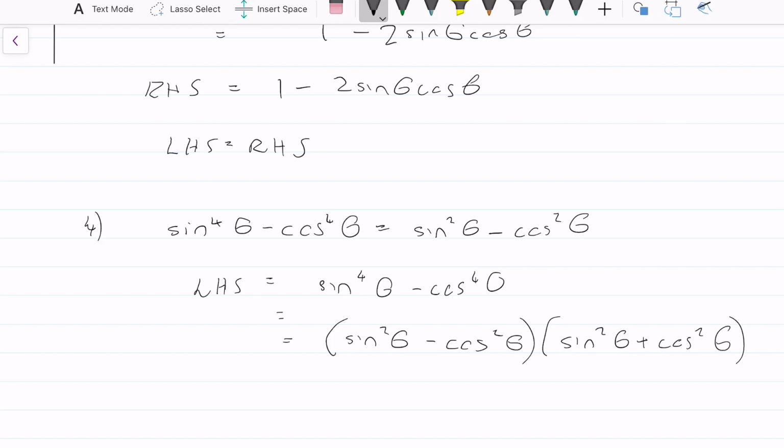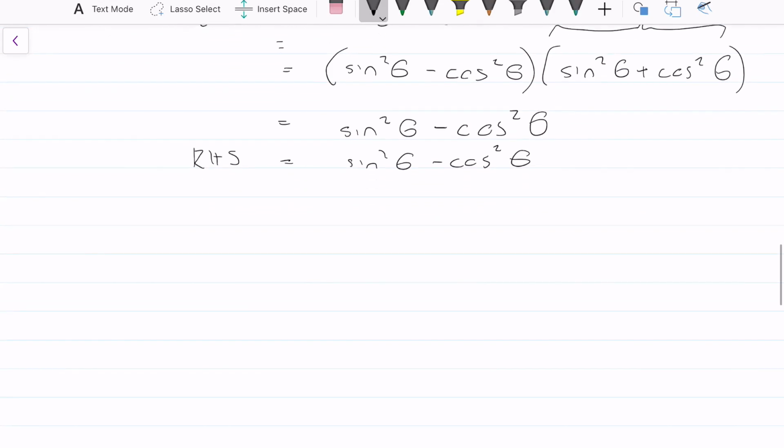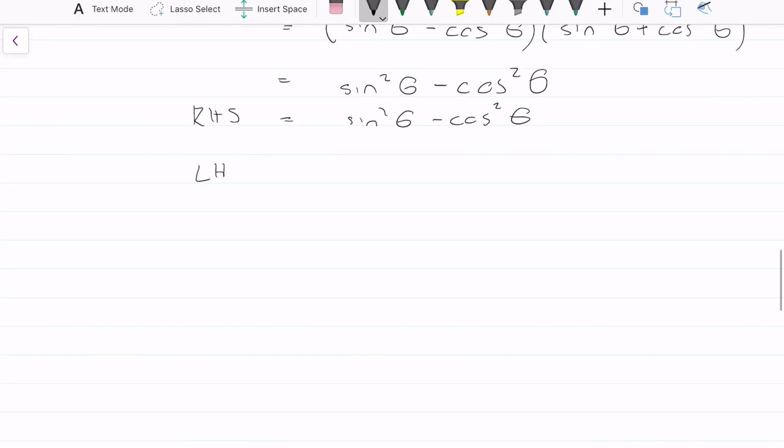And we know that this term is equal to 1, so our final answer is sine squared theta minus cos squared theta. And our right hand side is also equal to sine squared theta minus cos squared theta, so we can say that our left hand side is equal to our right hand side.